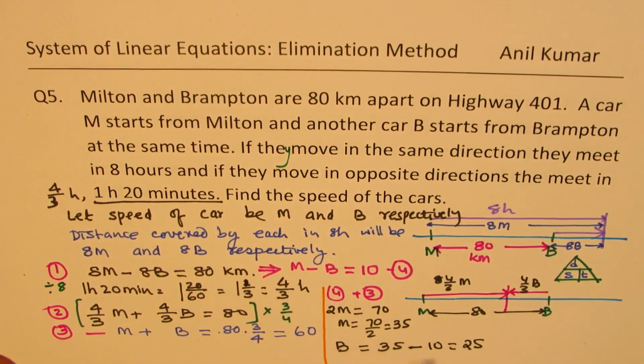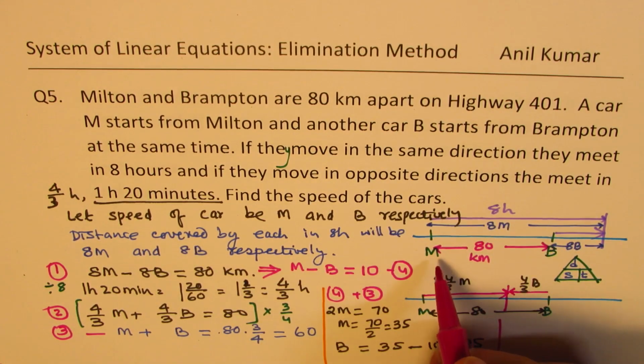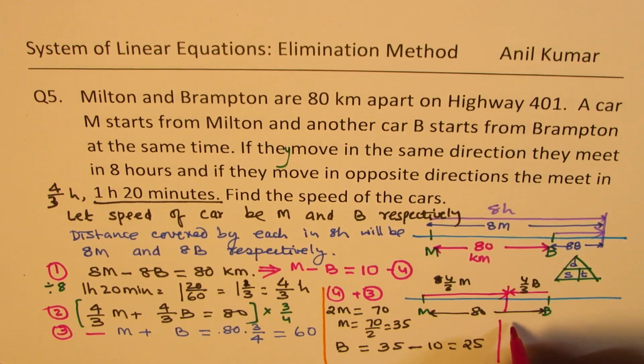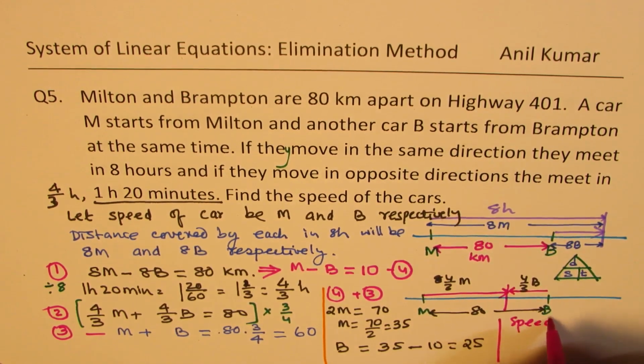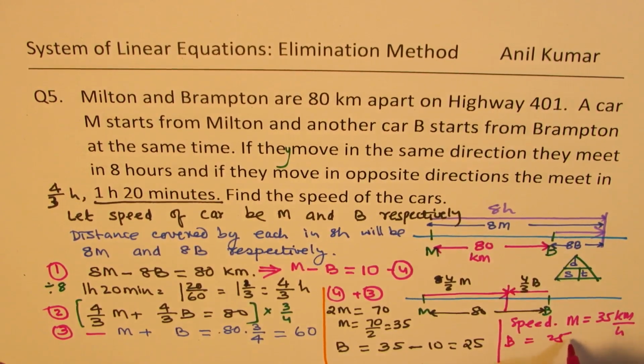We can find b from here or in the other place, either way. So we get our answer as b equals 25. So the speed of the car from Milton, m, is 35 kilometers per hour and b is 25 kilometers per hour. Is that clear to you?